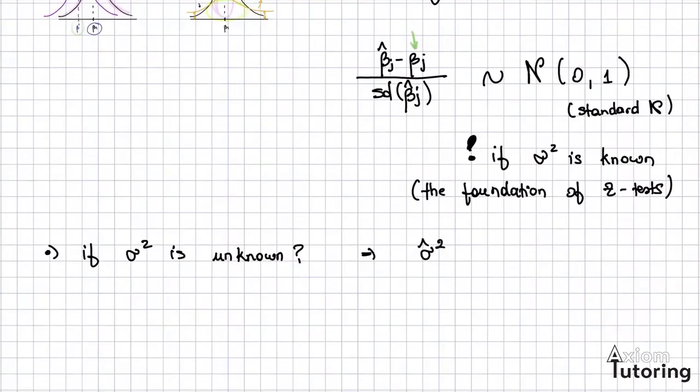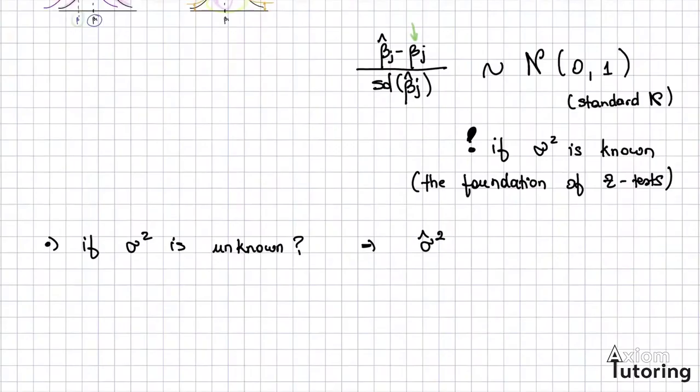Making use of that, the standardized statistic we just produced is no longer going to be normally distributed, but t-distributed, which is a distribution with a shape very similar to the standard normal distribution, but slightly different.